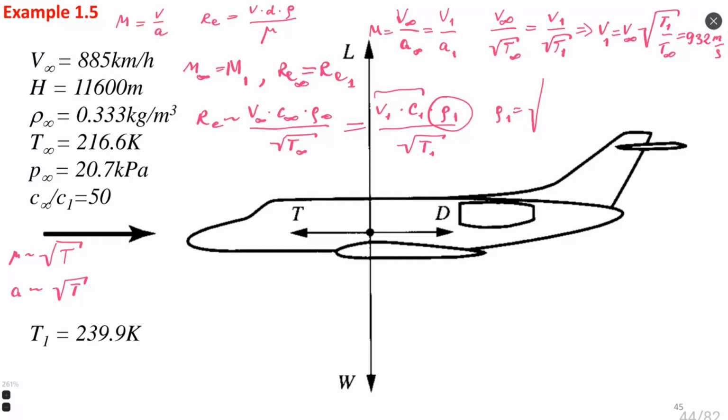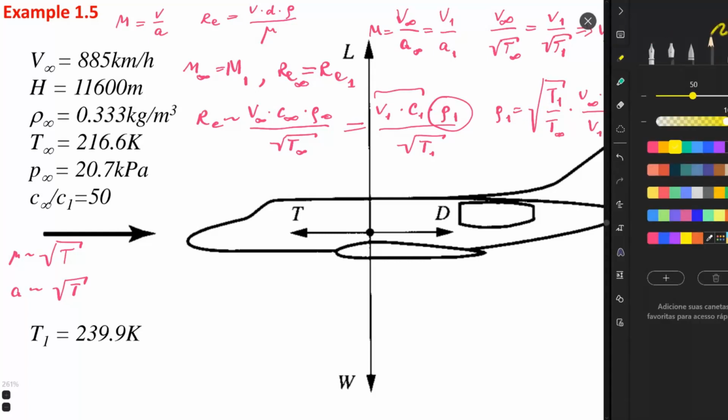Okay, so I will write that density 1 is equal to the square root ratio of T1 by T infinite multiplied by V infinite, C infinite and density infinite divided by V1 and C1.